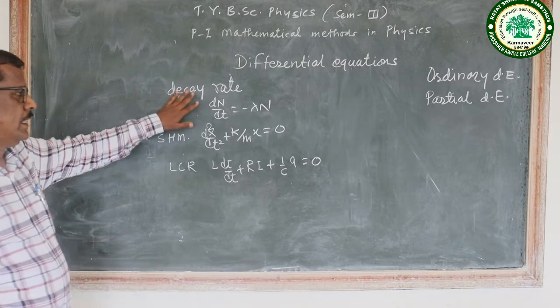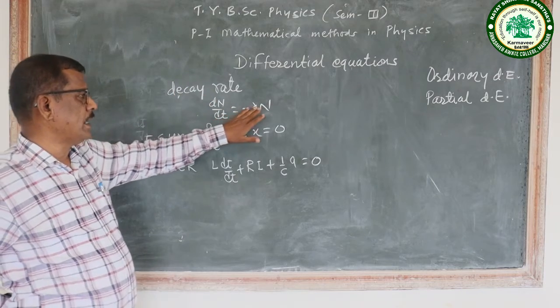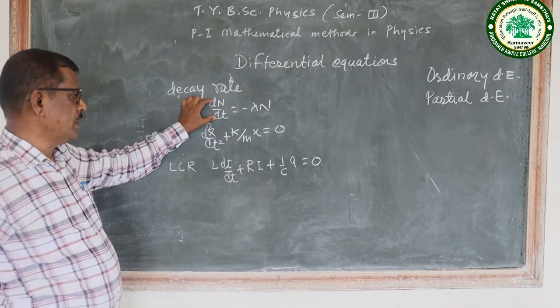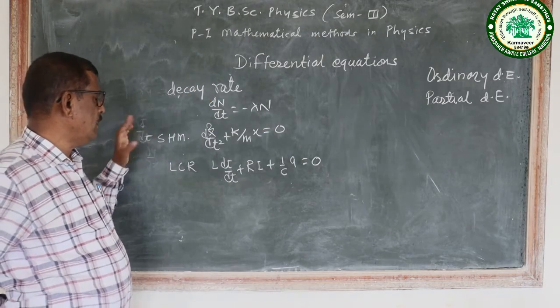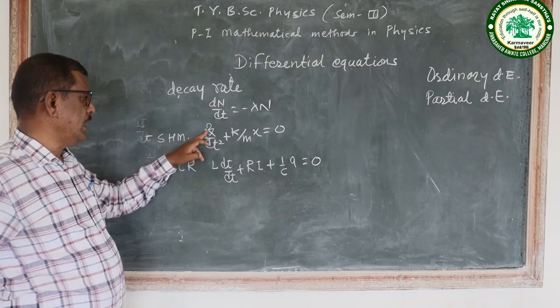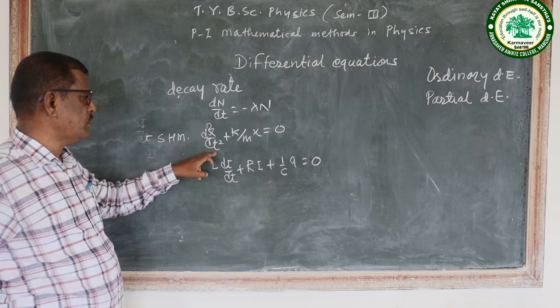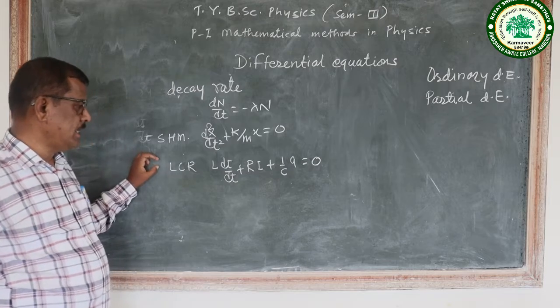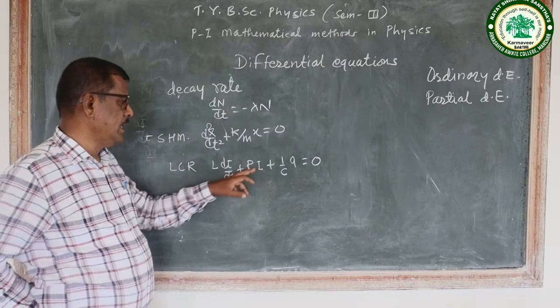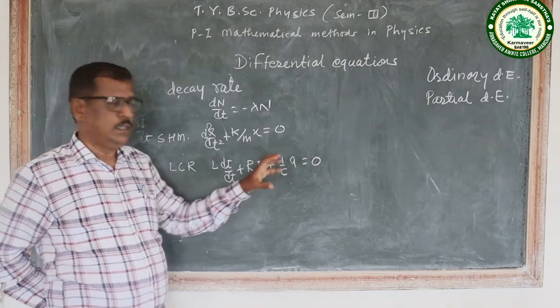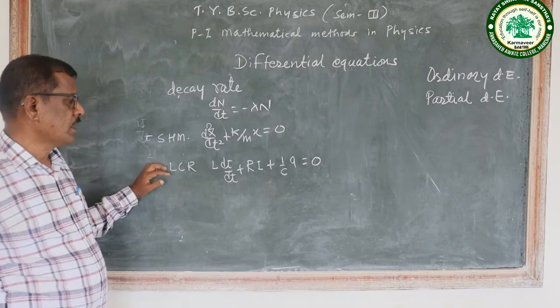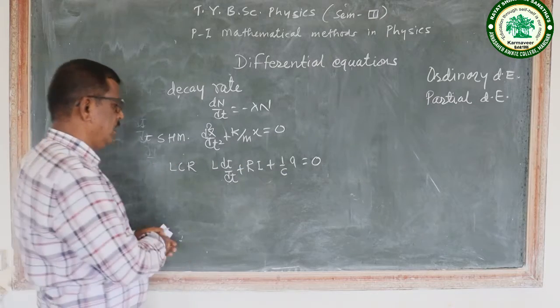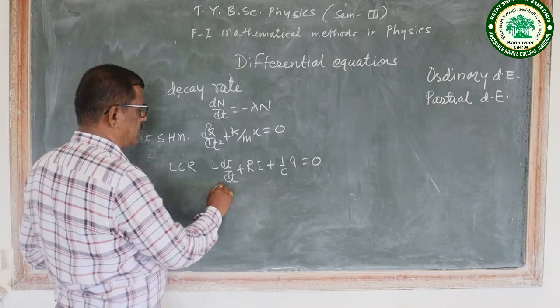First is the decay rate, that is dn by dt equal to minus lambda n. This is the differential term. Second, the equation of simple harmonic motion, and it is of d2x by dt square. This is the differential term. And here in the LCR equation, di by dt, i and q, these are the differential terms.